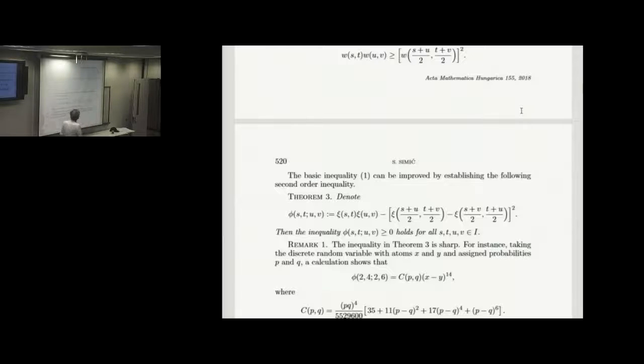Sharp in the sense, it is in the remark, that if we have a simpler case, that we have only two variables, x and y, and those P and Q, those variables, look there.